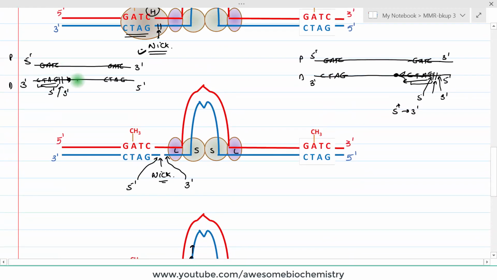Remember, again refer to this diagram. If your DNA damage is, or you can say if the nick, this is the nick, if this nick is towards 3' end from replication error. See, this is the replication error, and this nick is on what side? On the 3' side. Here, this is the replication error, and this is the nick. So nick is on what side? On the 5' side.